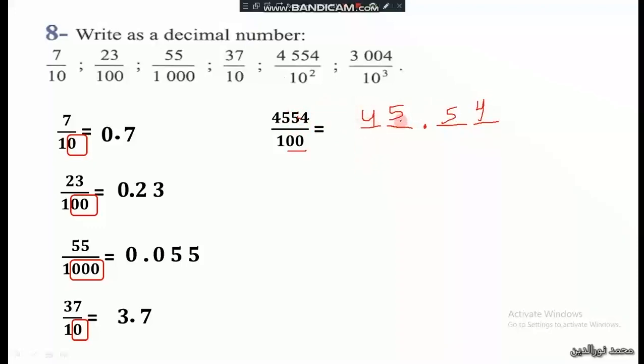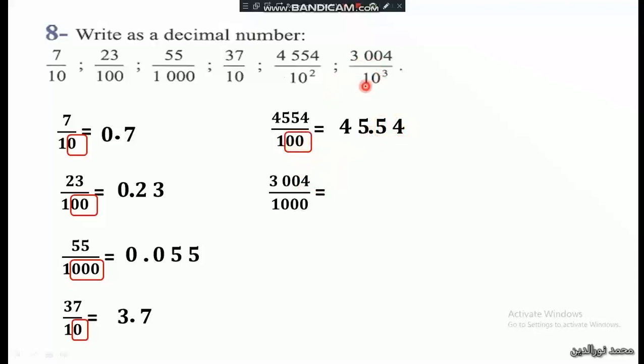So it's 45.54 or 45 and 54 hundredths. So we write the number as it is, and then we take 2 decimal digits since we have 2 zeros, and we put the point right here.